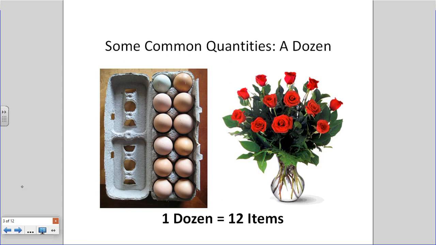Let's look at another quantity that's very familiar to you, a dozen. So dozen can mean a lot of different things to different items. It can mean a dozen eggs. That's very common. It could mean a dozen roses. Both of those are referring to 12 eggs or 12 roses. There's also a special type of dozen called a baker's dozen.